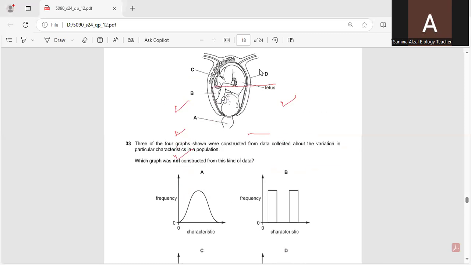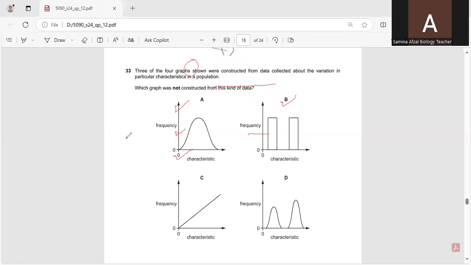Next, question number 33. Three of the four graphs were constructed from data collected about the variations in particular characteristics in a population. Which graph was not constructed from this kind of data?